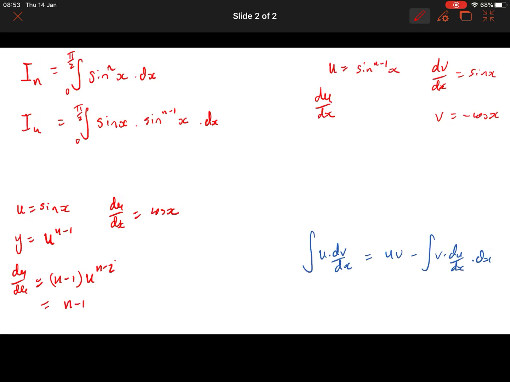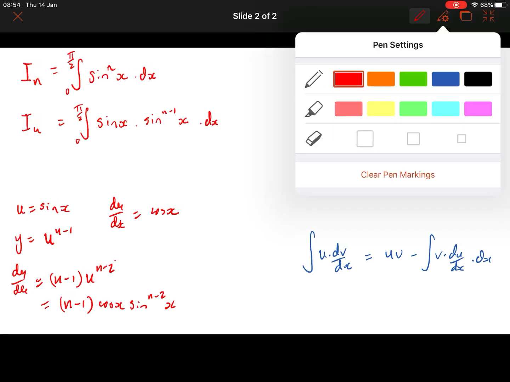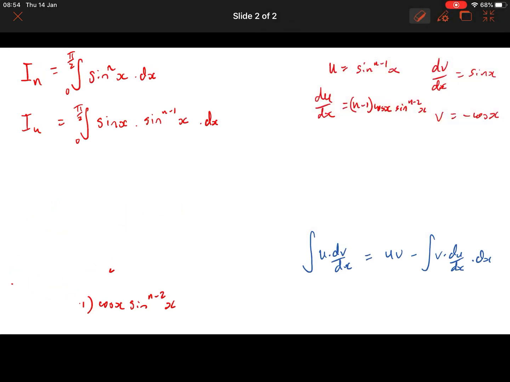So I'm going to get n minus 1 times cos x times sine to the power of n minus 2 x. So let's just write that in there: n minus 1 cos x sine n minus 2 x.